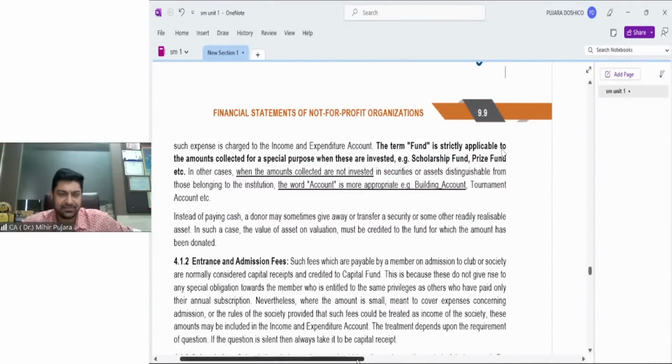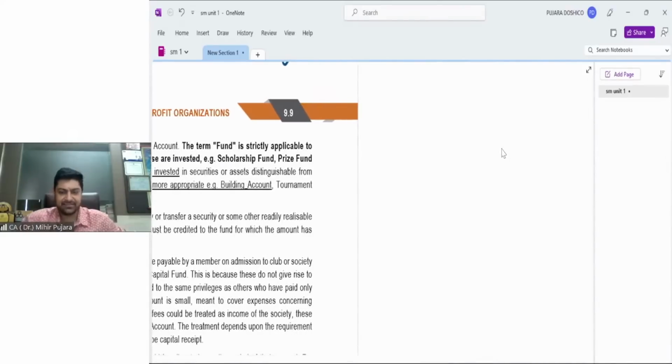Now, friend, please write this important point here. Exactly how will you show it in the balance sheet? Please write, guys.